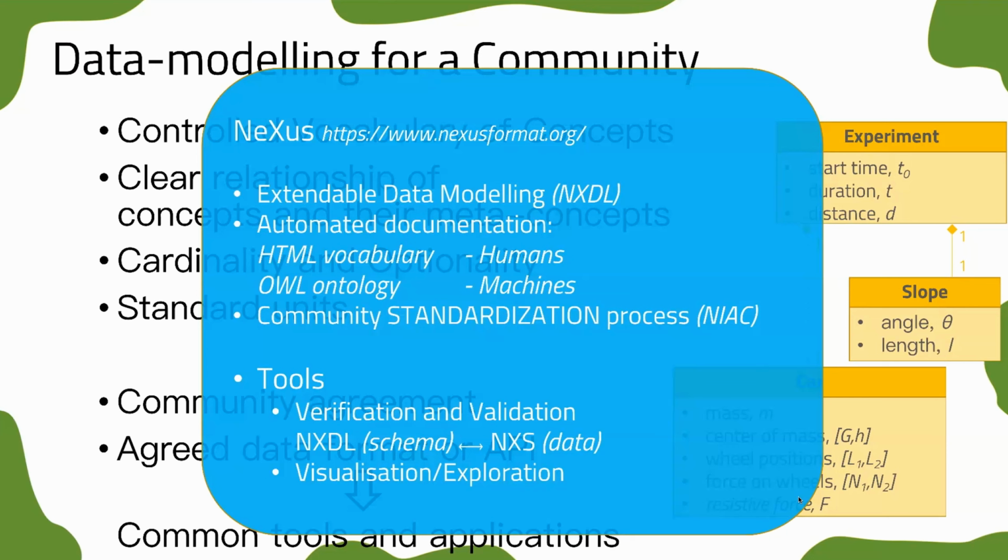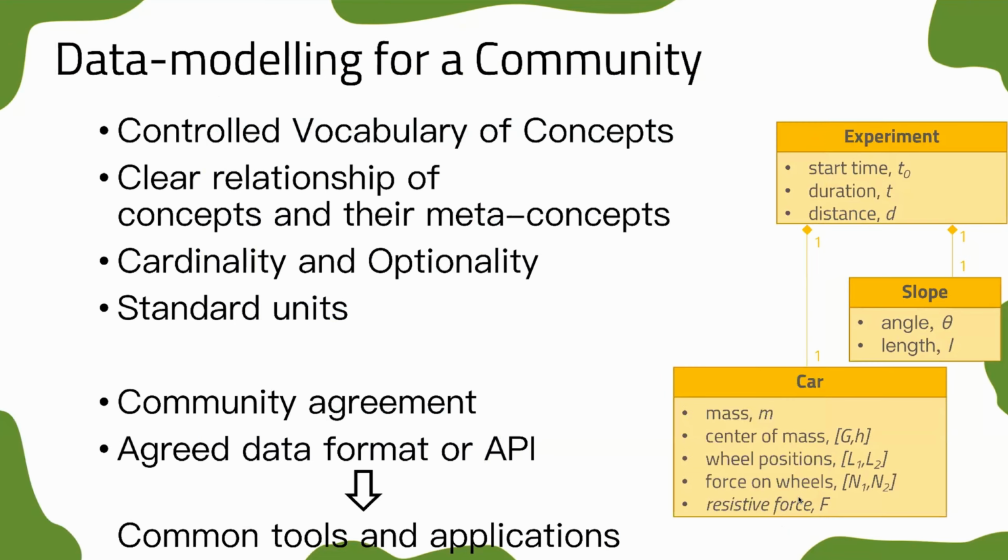We may deprecate things, but things will also be available even in case of deprecation for a long time. NeXus comes with lots of tools which enable verification and validation. Ron Hildebrandt will speak about this in detail. And visualization and exploration tools are also available, which we also support in the NOMAD platform.